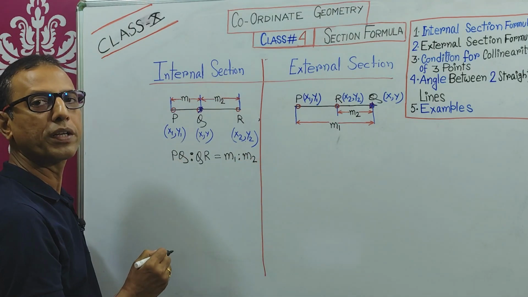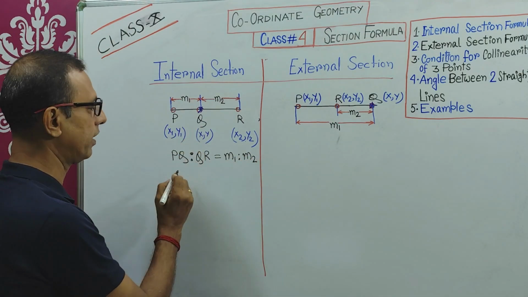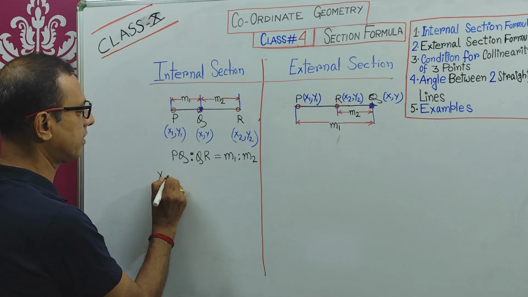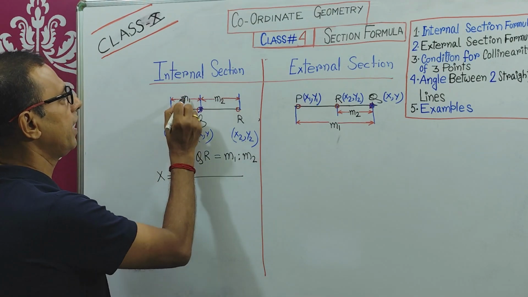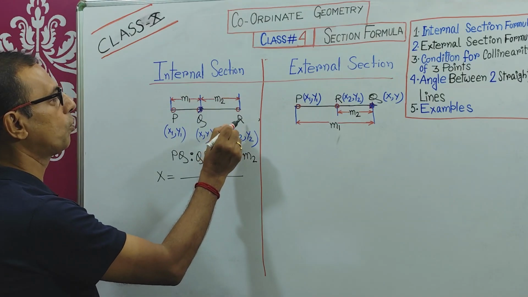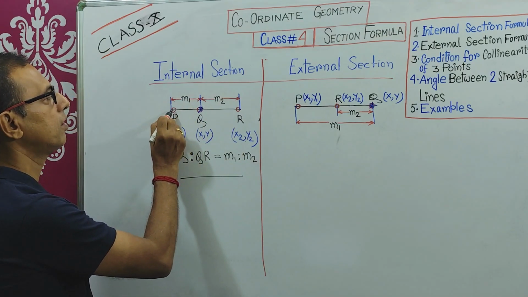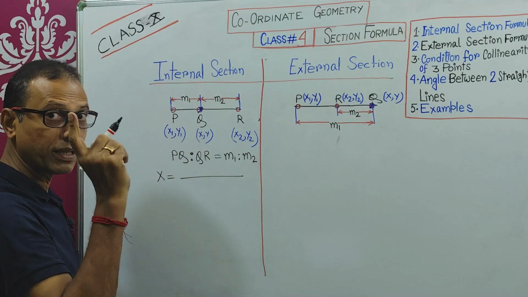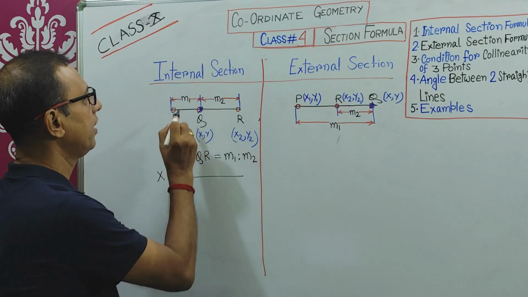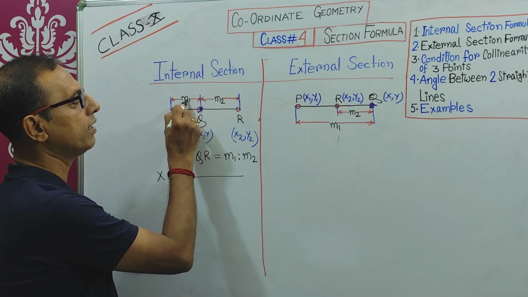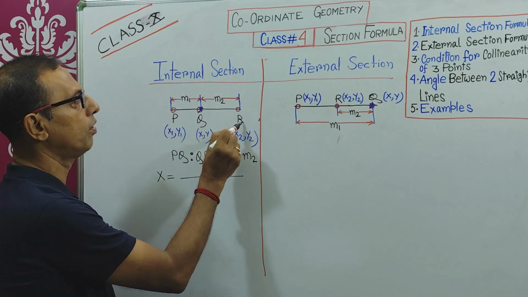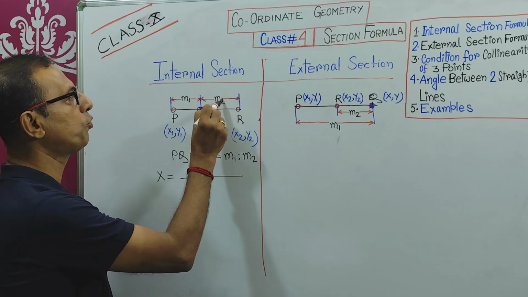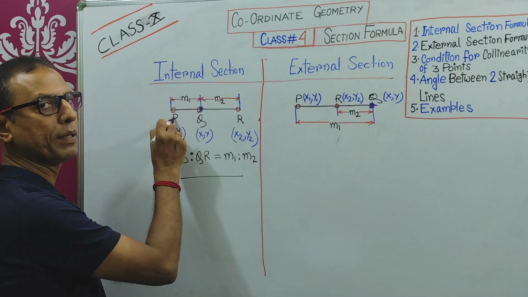Then what will be the coordinate of Q, that is x, y? The formula is x equals M1 into x2. M1 is actually the ratio for PQ, right? So you remember the formula like this. This is a trick. M1 will be associated with the coordinate of R. M2 will be associated with the coordinate of P, right?